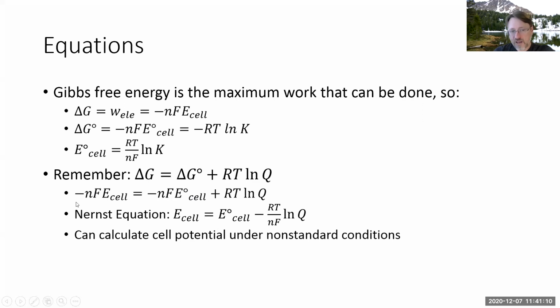And now let's divide through by minus nF, remember F is Faraday's constant, to find that the cell potential, meaning the voltage that you'll measure across the cell, equals the standard cell potential minus RT over nF times the natural log of the reaction quotient. This equation is known as the Nernst equation, and it tells you how to determine the cell potential under any non-standard conditions you want.